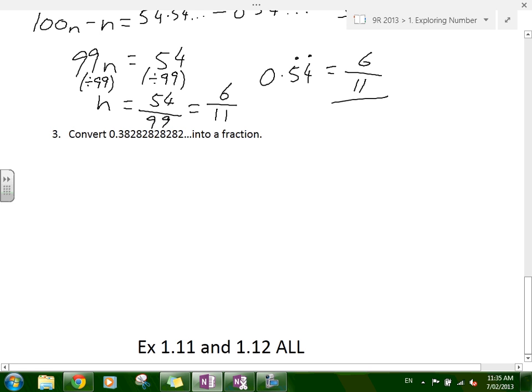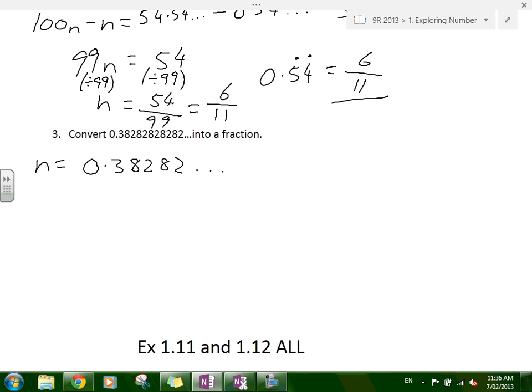Last example. We've got 0.38282, call it n again. So the repeating part is the 8282. So I've got to think about, well, how much do I want to shift it up by?